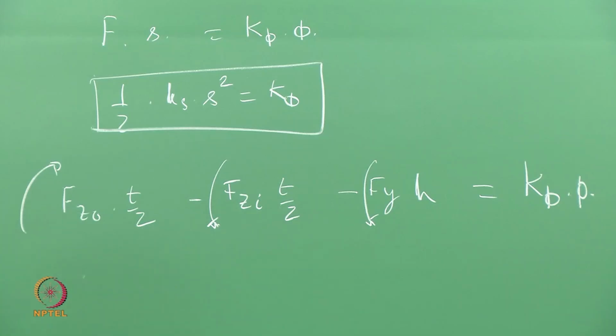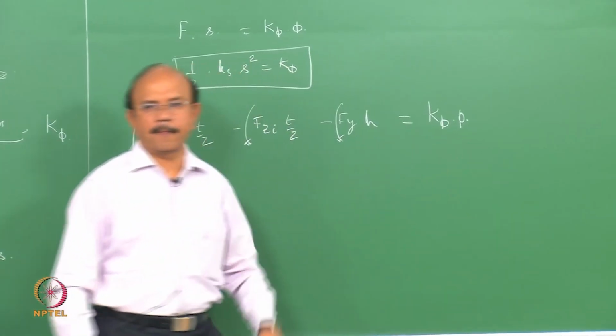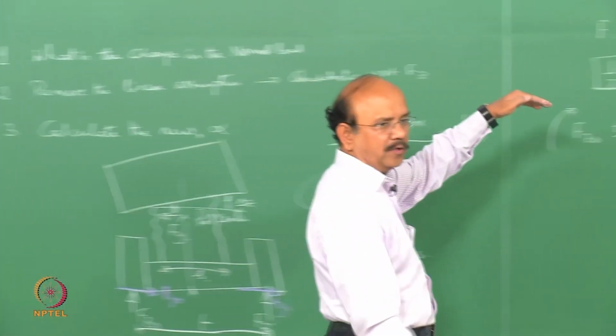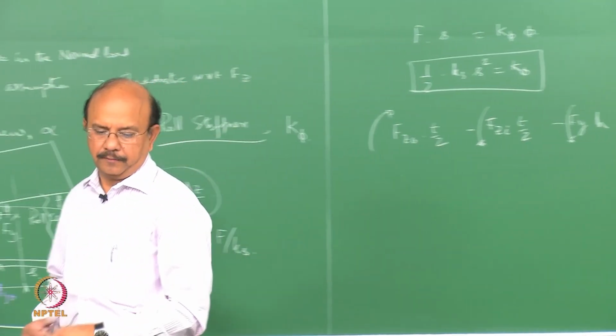The moment that is created, what causes the roll? That's what we are doing. So the total moment that's created is what causes the roll. Okay? This is just for one suspension. We had said what is the connection between the two, and so we now have K phi into phi.